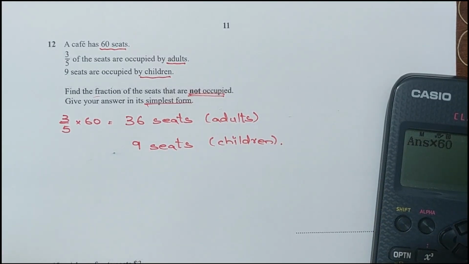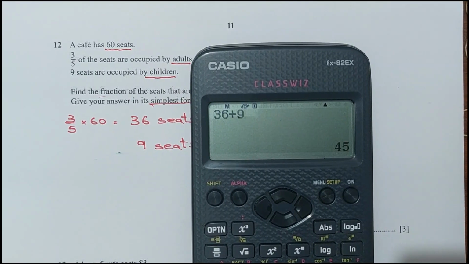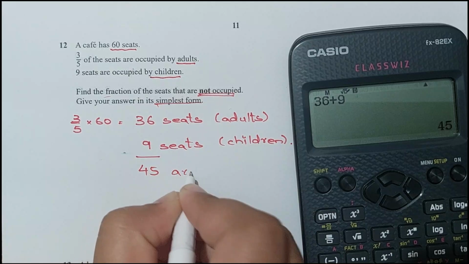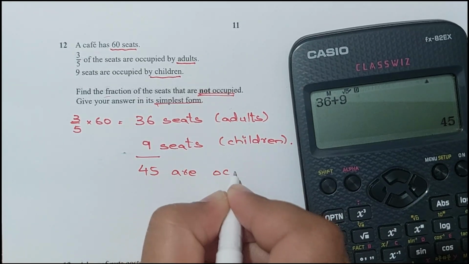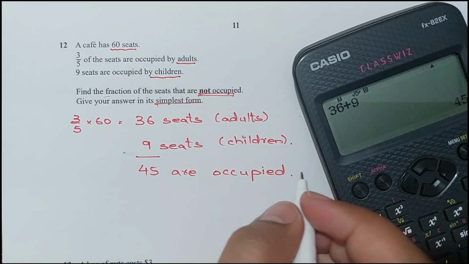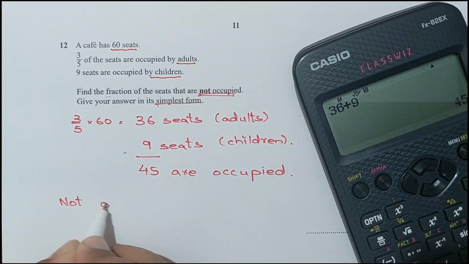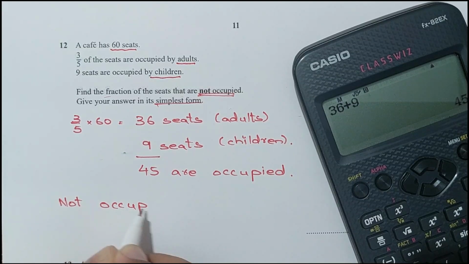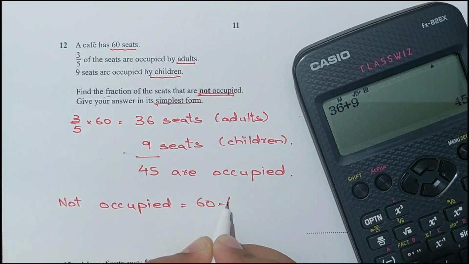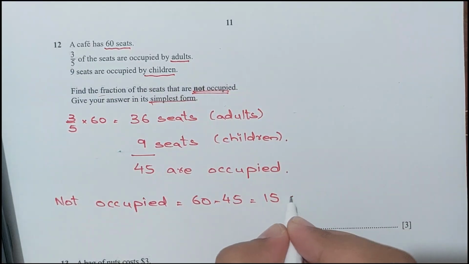Okay, we have to find the seats which are not occupied. So 36 plus 9 is 45. So 45 seats are occupied out of 60. So not occupied are 60 take away 45, so it means 15 seats are not occupied.